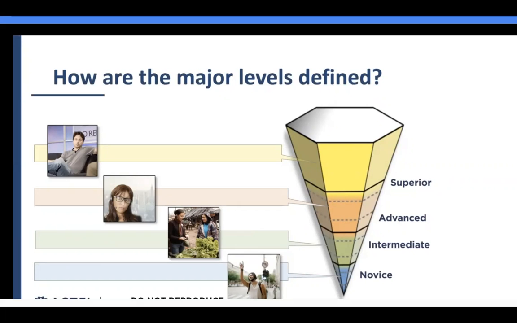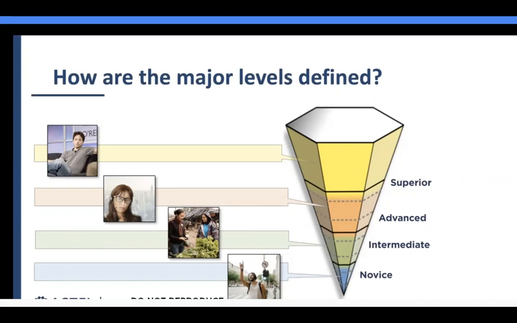Intermediate level is a picture of someone at a market. So definitely a simple, familiar situation. They can ask and answer questions to get what they need at the market, possibly even barter for the price that they want.